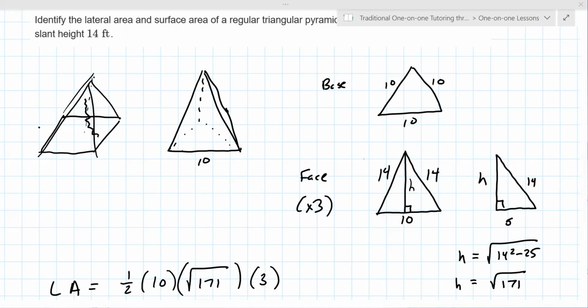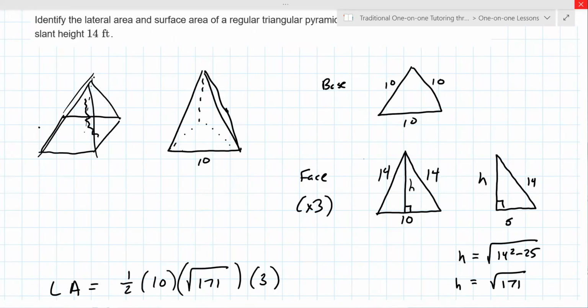Okay, so could you go ahead and calculate that for me, please? Sure. I get 196.2, sorry.